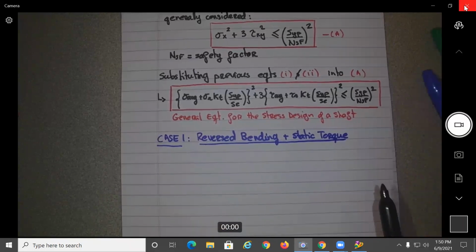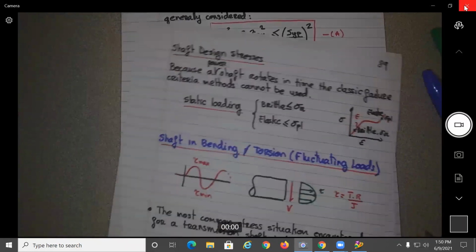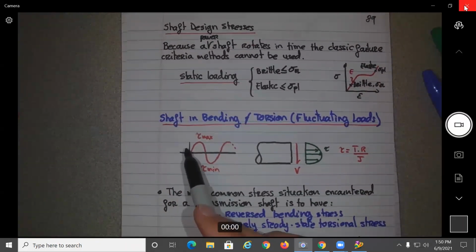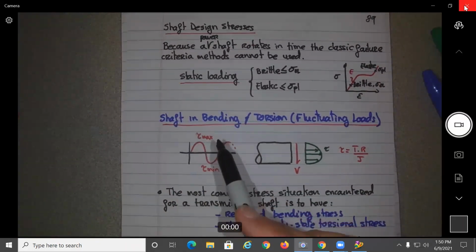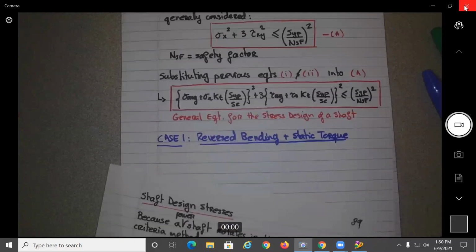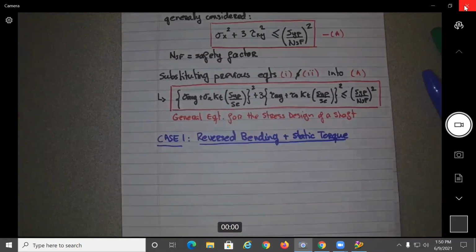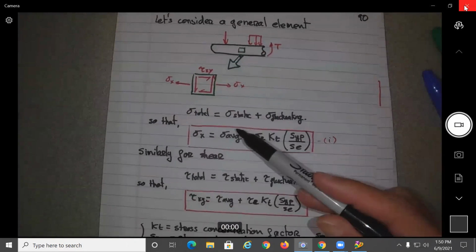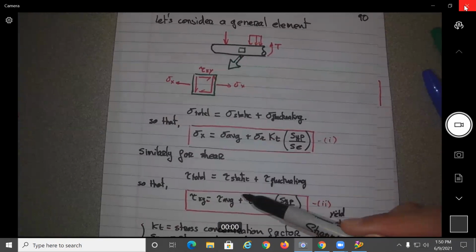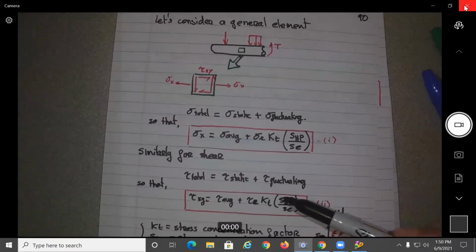What does it mean? So let's see. If there is reverse bending, let's see, what is that figure? So basically, this is the reverse due to the fluctuating part of the load. This is the static, okay? And we have the same thing over here, static and fluctuating or dynamic.